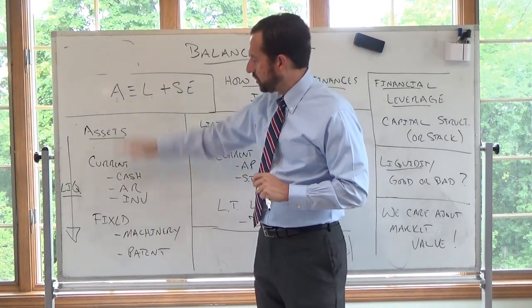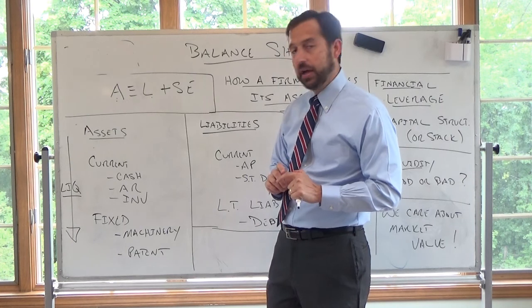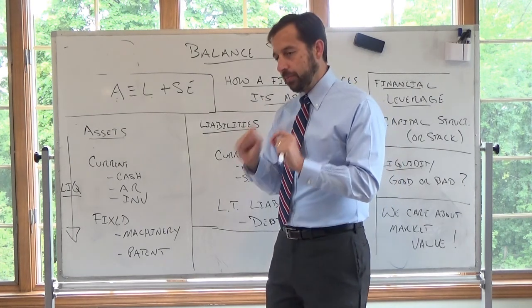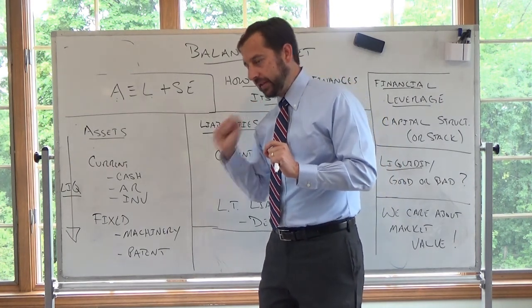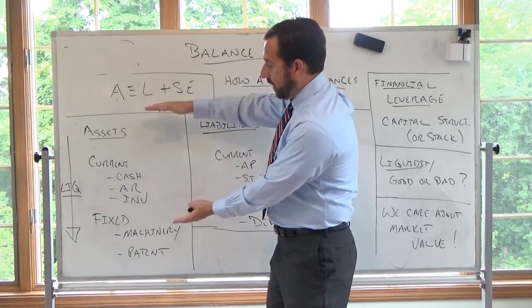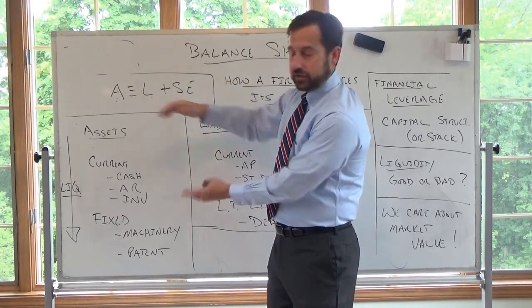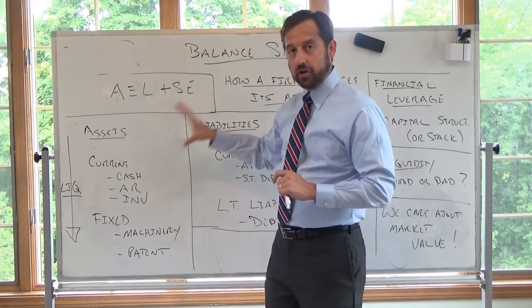So this is an example of what we would have on the balance sheet. An important point that I'll probably reiterate later, but the value of these assets on the balance sheet is at cost, right?